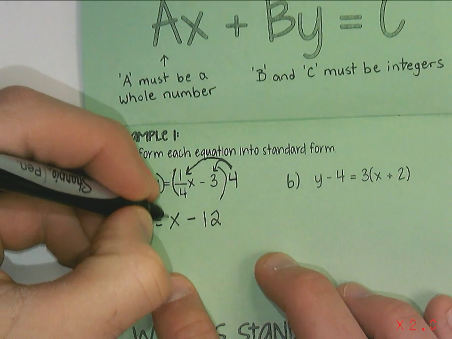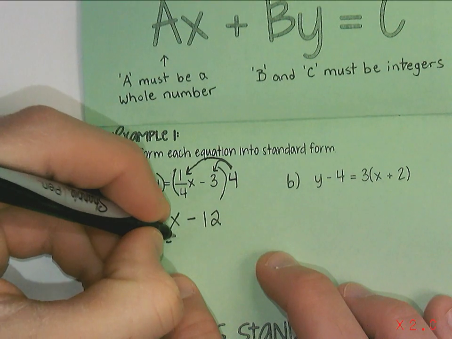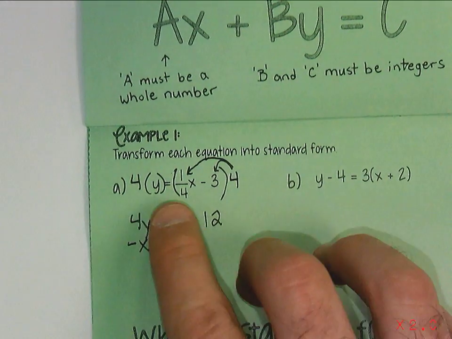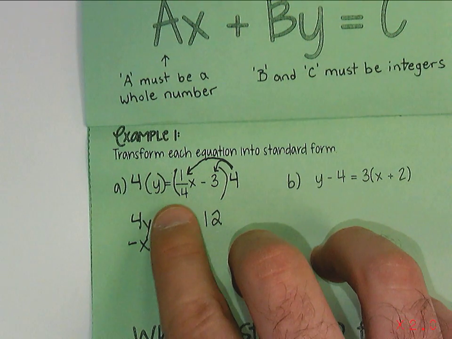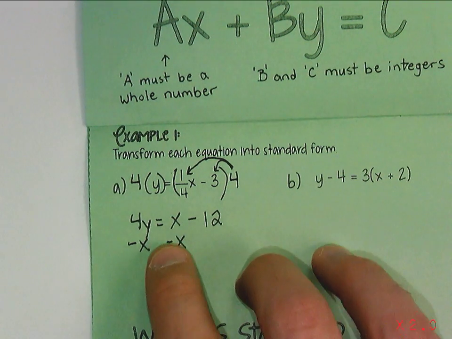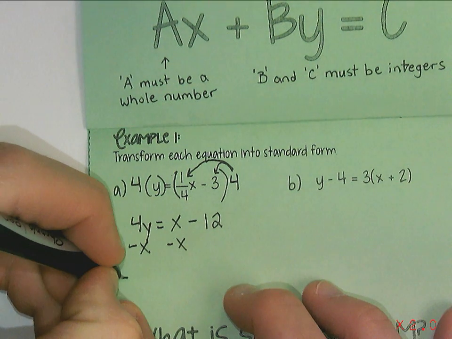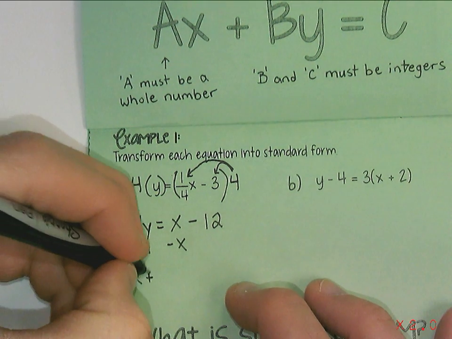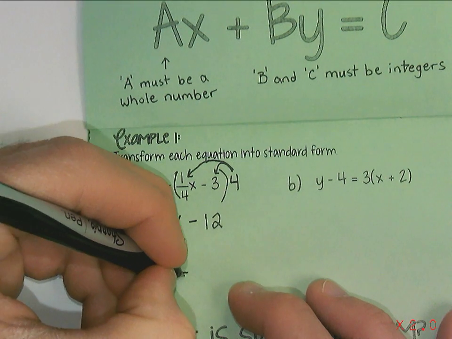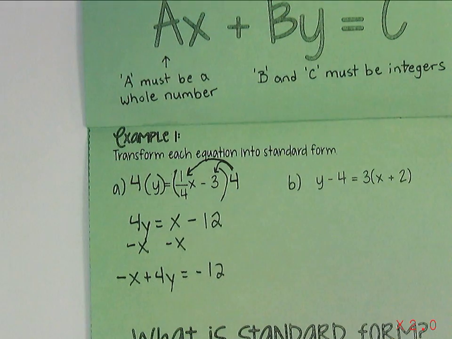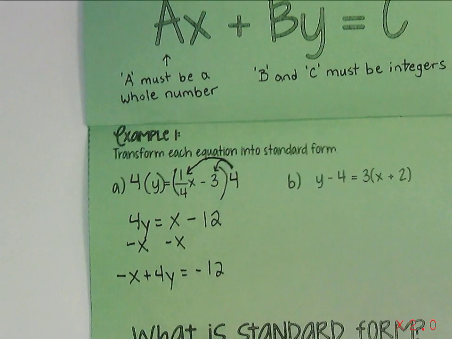Well, this is a positive 1 in front of here, so that means I need to subtract x. Subtract x. Now we can't add or subtract 4y and x, so we just need to rewrite them so they're both on this side. So I would have negative x plus 4y equals negative 12. So again, we're just manipulating the equation and moving things around.